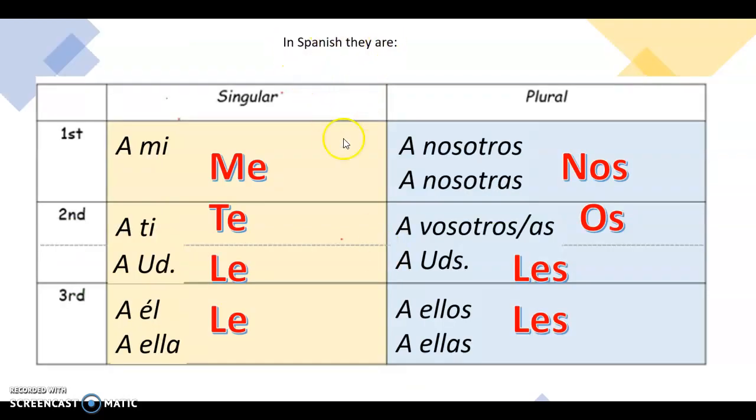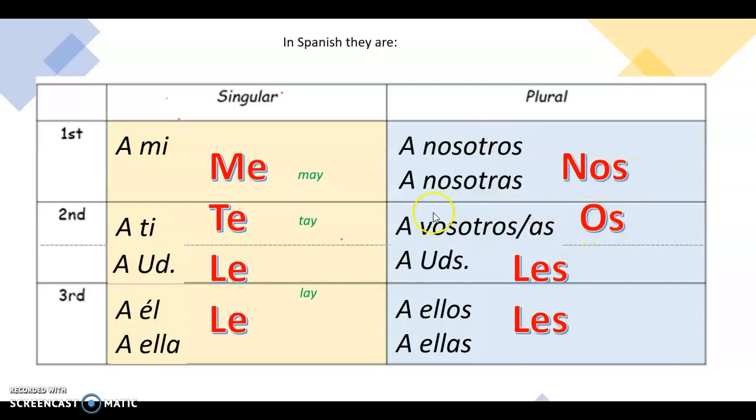In Spanish, the indirect object pronouns are as follows. For me, if I receive the action, it's me. If you receive the action, te. Usted or él or ella is le. Nosotros is nos.